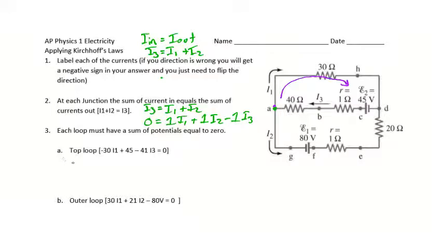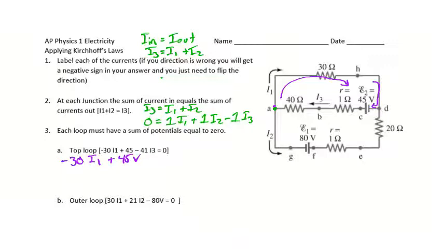So the first thing we need to write is minus 30, and which current was going through the 30 ohm resistor? I1. Okay, we come over here, we make it to the battery. We are going from negative to positive, the short side to the long side, so we have to write plus 45 volts.